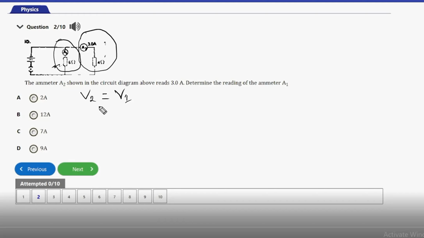So in that case, let's recall that V is equal to IR. So it means that I1 R1 is equal to I2 R2.